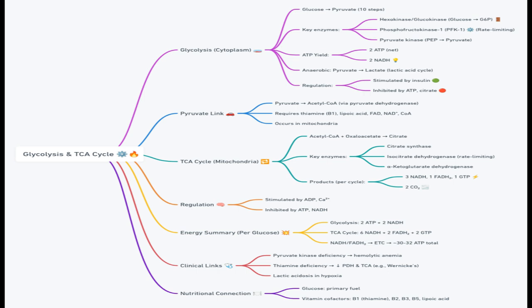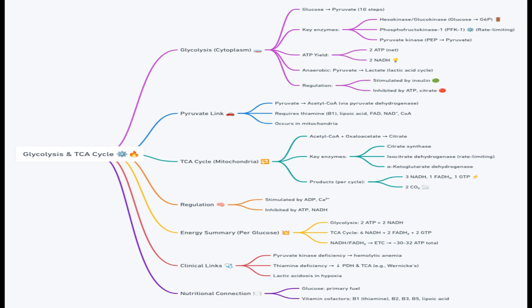Four ATPs are produced from glycolysis, but two are utilized in the process, so only two is the net. You can think of 15 ATPs from pyruvate and 12 ATPs for acetyl CoA.